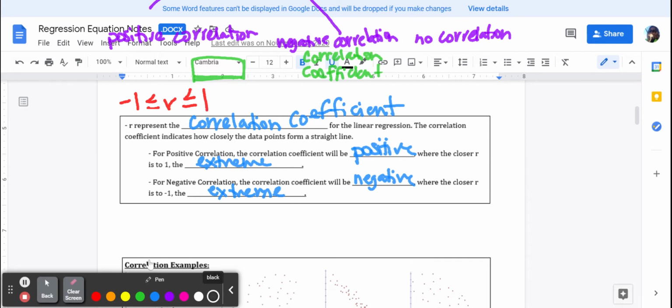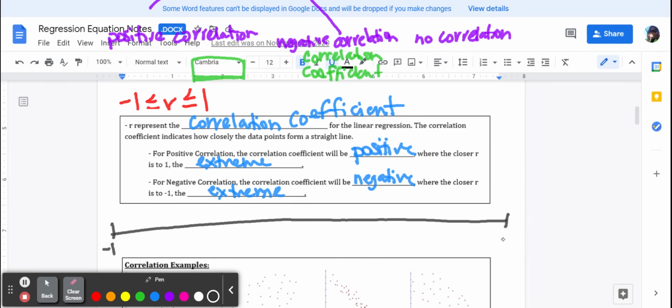So it would probably help if you draw yourself a little number line. And on each end, we want -1 and +1. We also can talk about our correlation coefficients as being strong or weak. So as I get to the extremes, this is where I would call a strong positive correlation. Why?